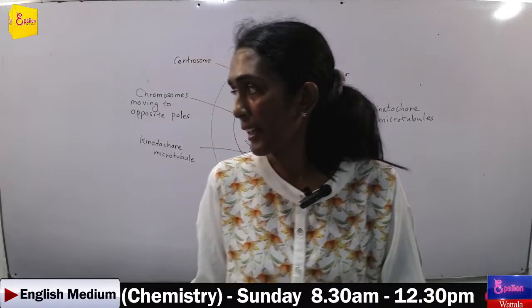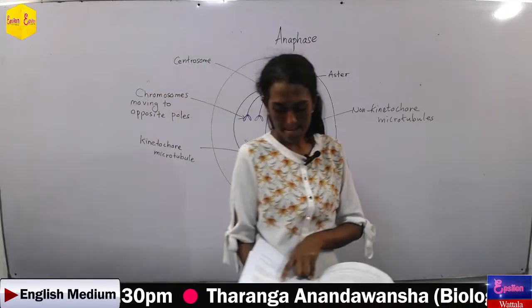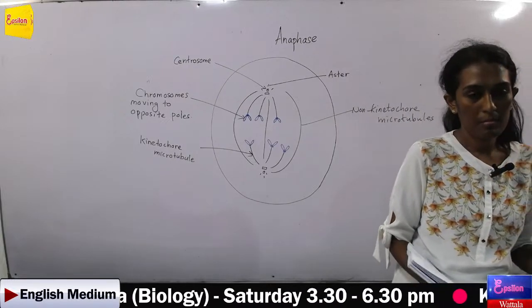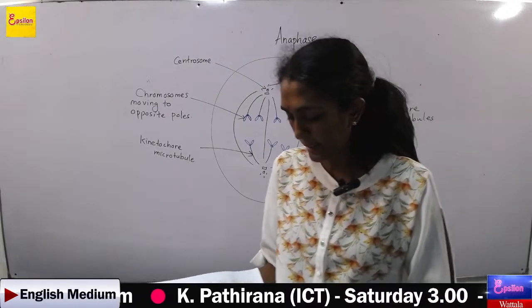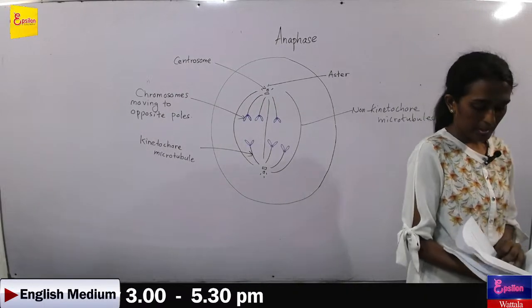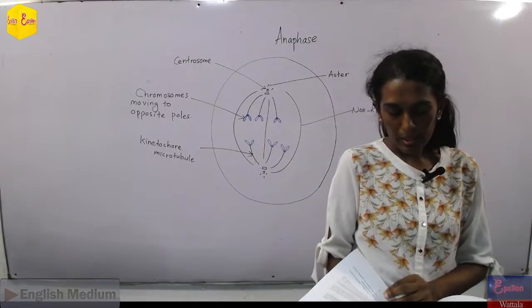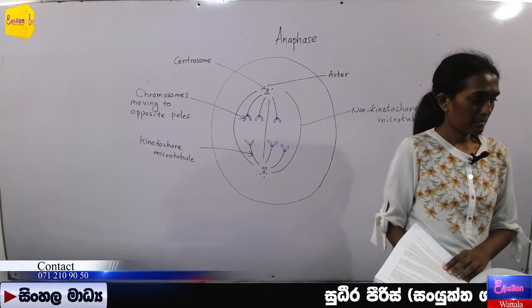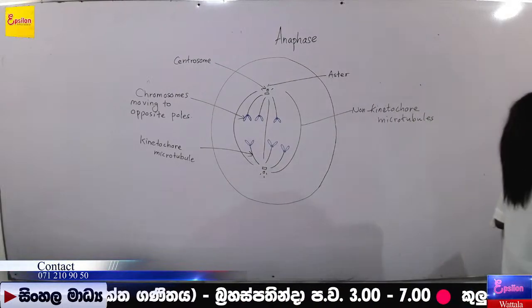Next one, by the end of anaphase, an equal and complete set of chromosomes is found at each pole of the cell.